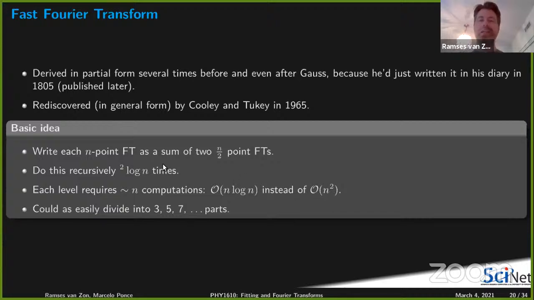Now, we're dividing this by 2, and that is nice. We could also have divided it by 3. So take 3 parts and do it recursively. But although it's possible and it might fit the data better in some cases, it is a bit annoying.